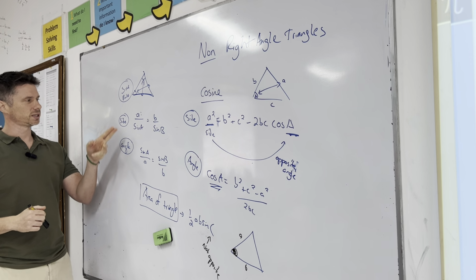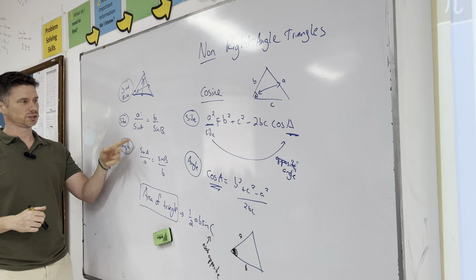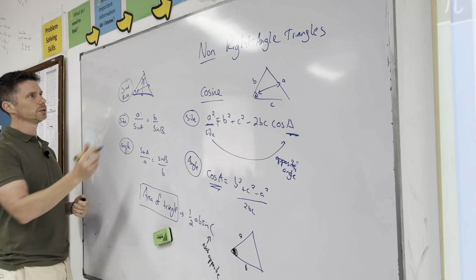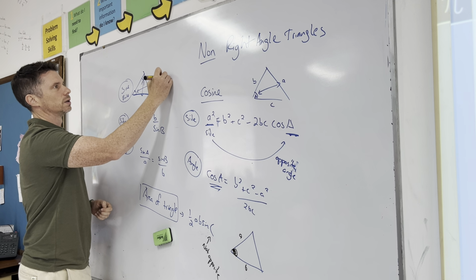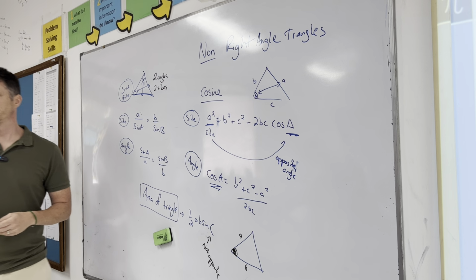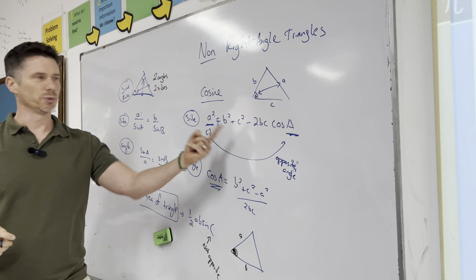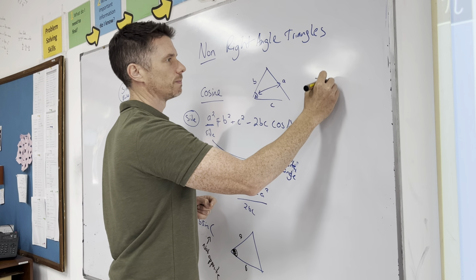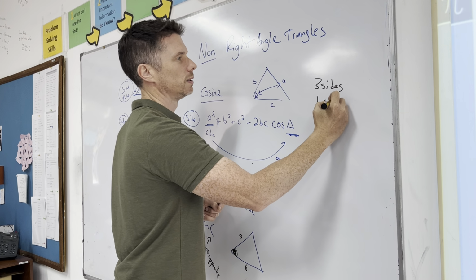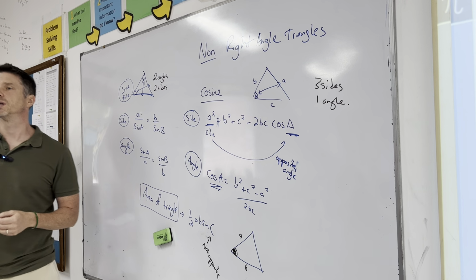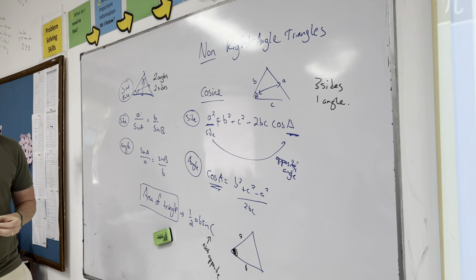You can see here in the sine rule, in both cases, there's two angles and two sides, including the unknown one. In the cosine rule, there's a bunch of sides and only one angle. So it's all three sides and one angle. For your homework, it tells you which one to use, but in an exam, it won't. So you have to figure out which one.